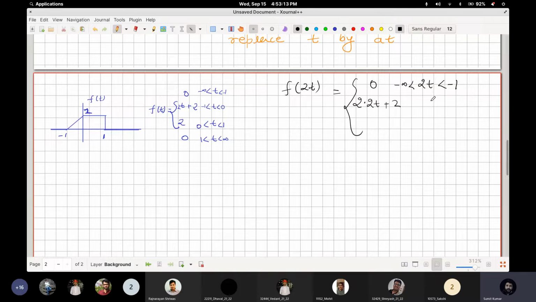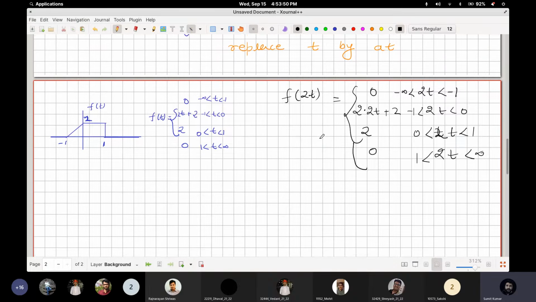Plus 2, between minus 1 to 0, and then after that you will have 2, between 0 and 1, and after that you will again have 0 between 1 and infinity, right? Is this clear to everyone?